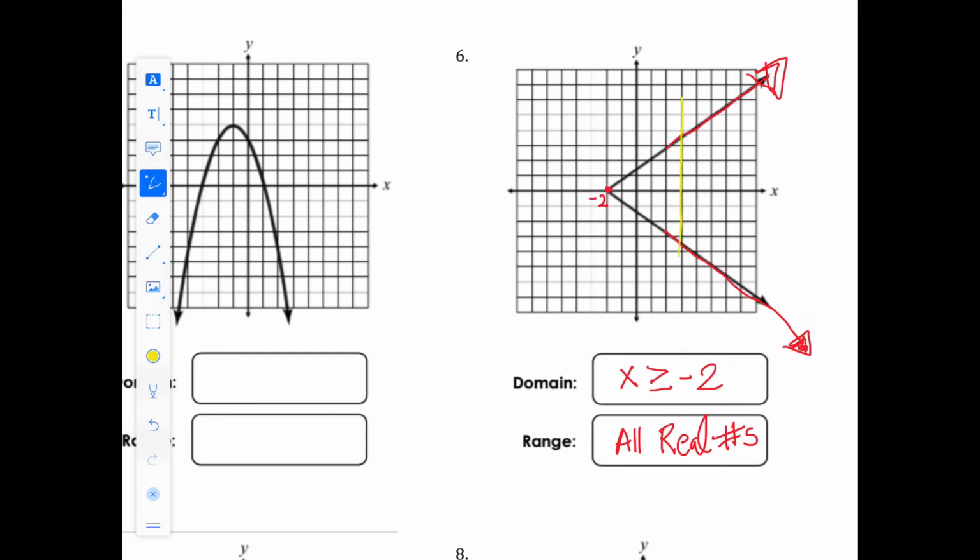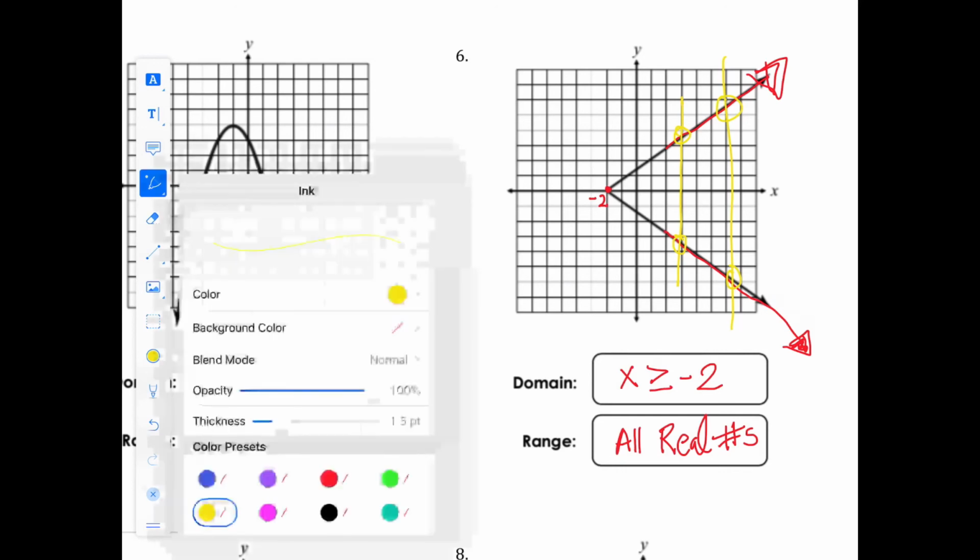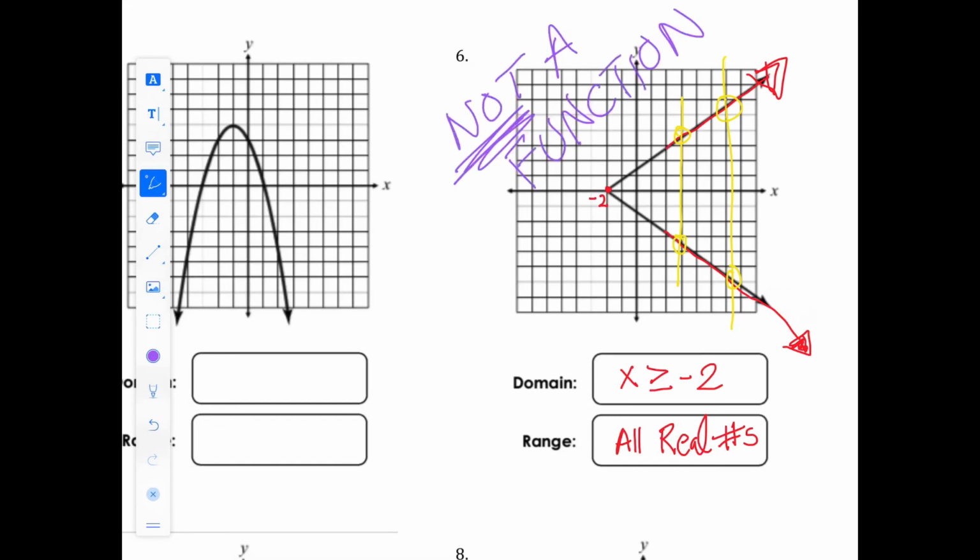And if we took our vertical line, I'm hoping that you would see anywhere on that positive side, it's going to cross that graph in more than one point. So what do we know about this relation? It's not a function.